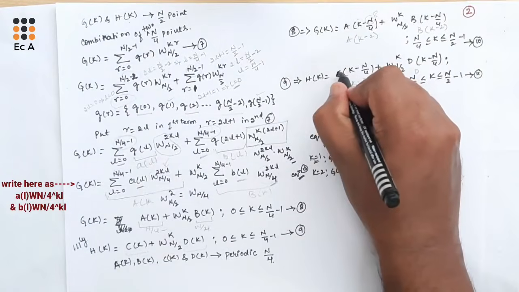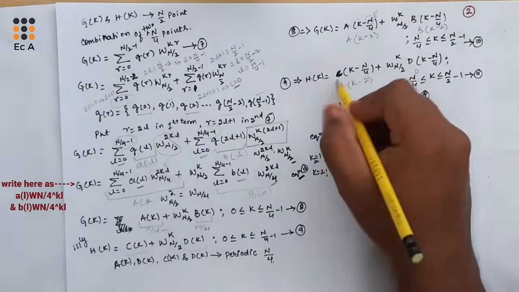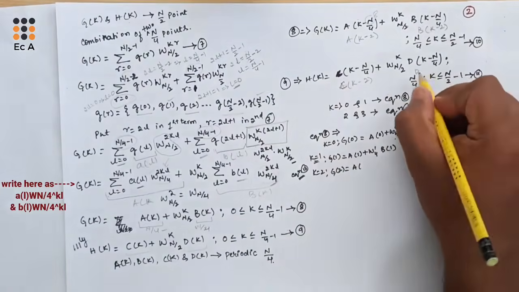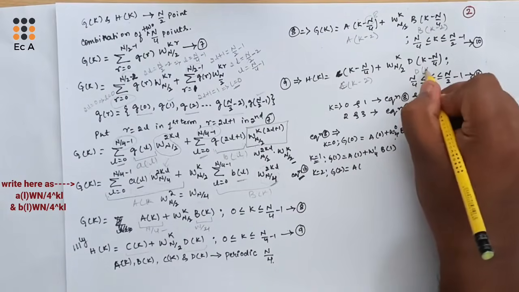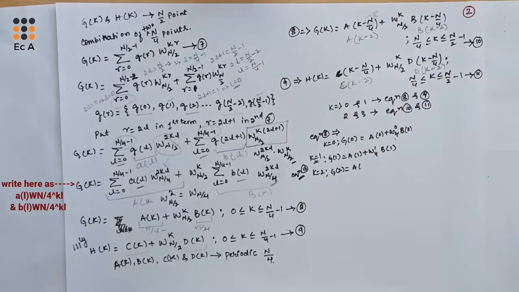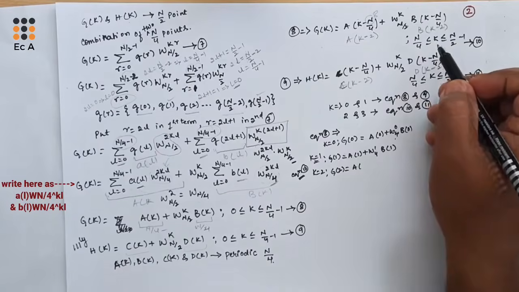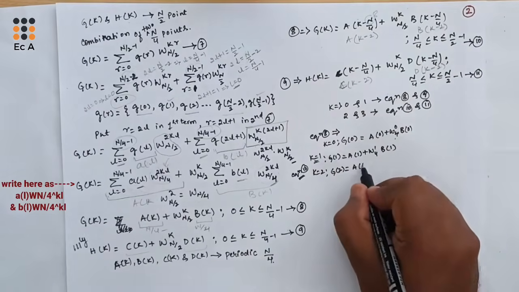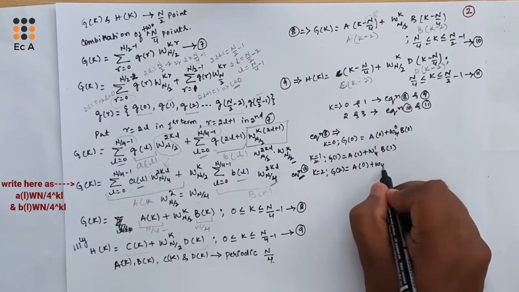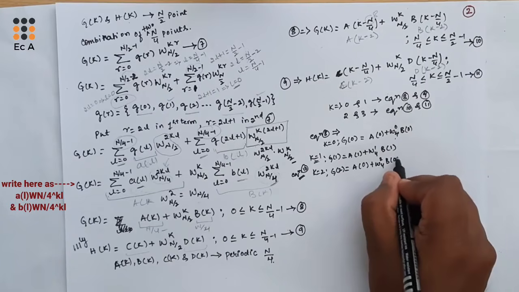Here it is c, so you can write it as c of k minus 2 and here it will be d of k minus 2. So, in equation number 10, if you put k is equal to 2, it will be a of 0 plus w4 to the power of 2, b of 0.